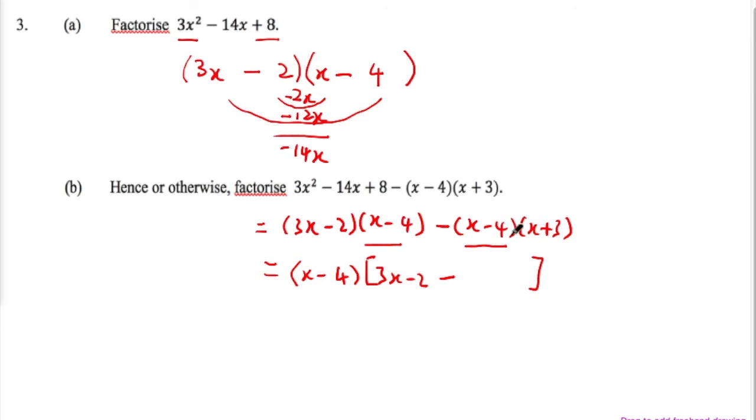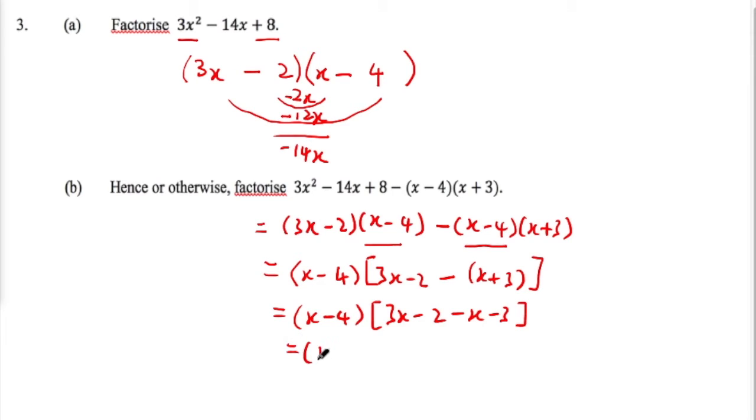And on the other side, taking out the factor x minus 4, we left behind x plus 3 in brackets. Simplifying this, we have 3x minus 2 minus x minus 3, which we reduce to 2x minus 5.